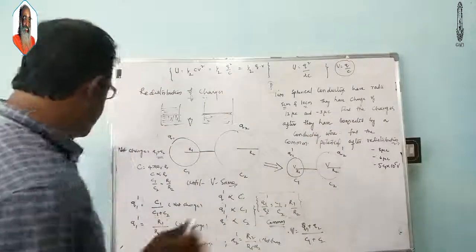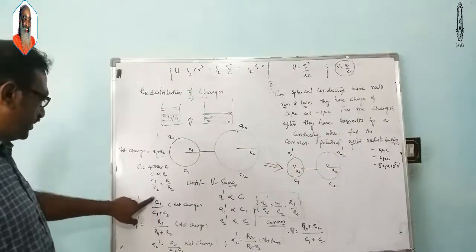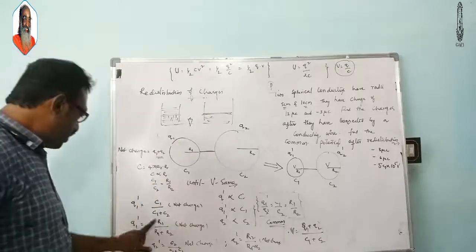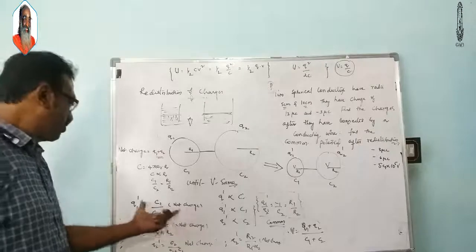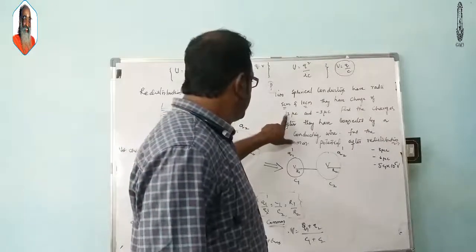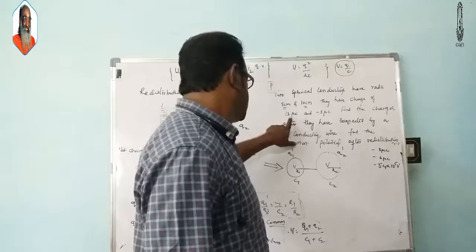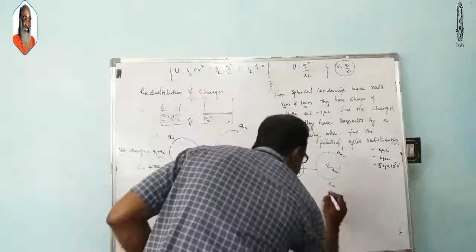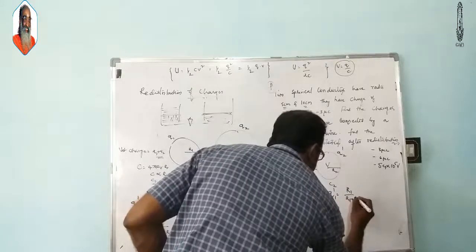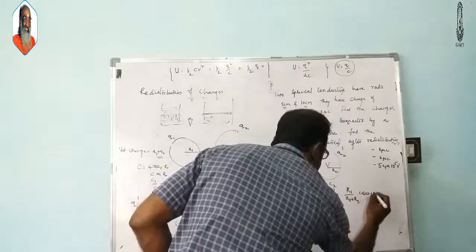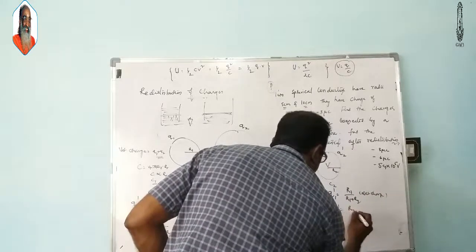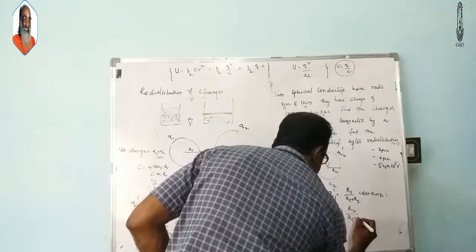Use the formula: Q1 dash is C1 by C1 plus C2 into net charge, or you can use R1 by R1 plus R2 into net charge. Here in this problem we are not going with the capacitance, we are going with the radii. So Q1 dash is equal to R1 by R1 plus R2 into net charge, and Q2 dash is equal to R2 by R1 plus R2 into net charge.